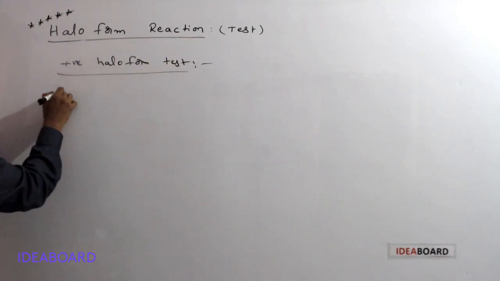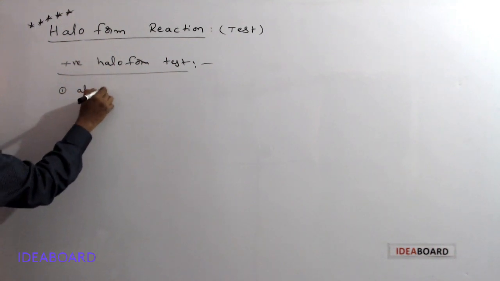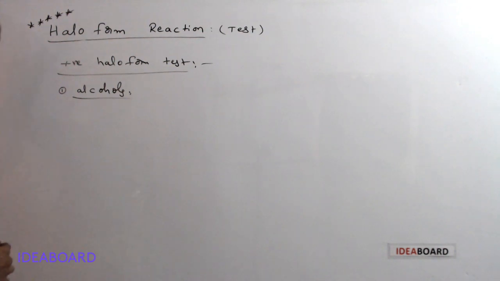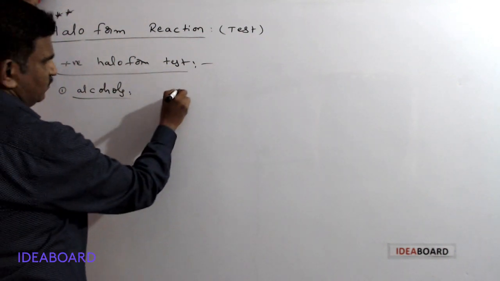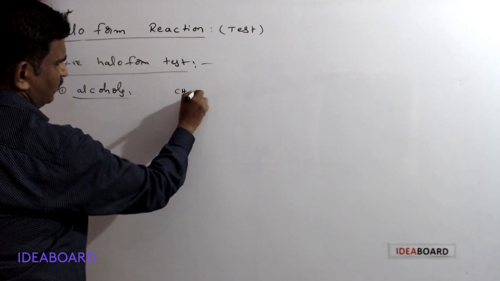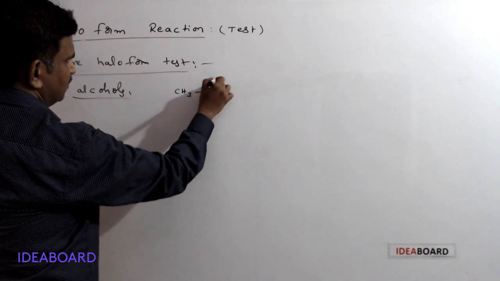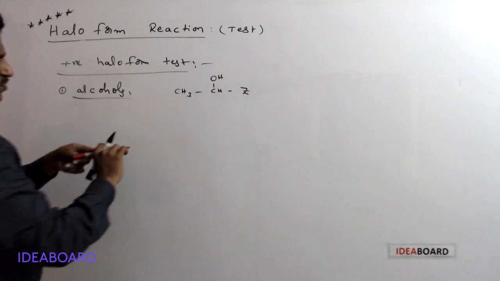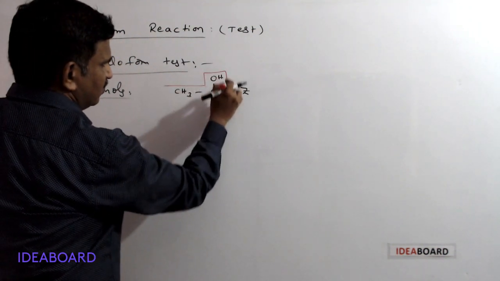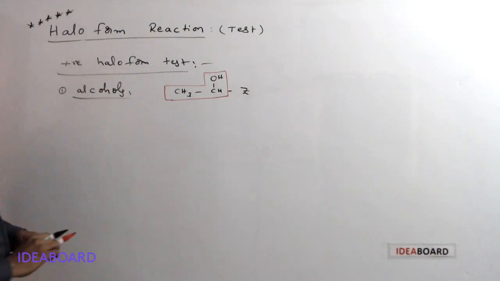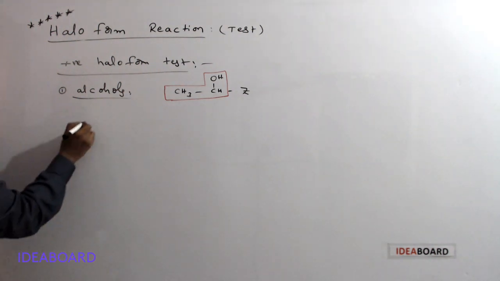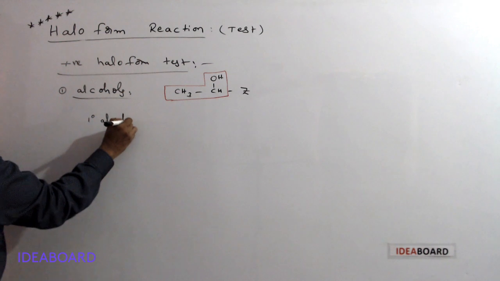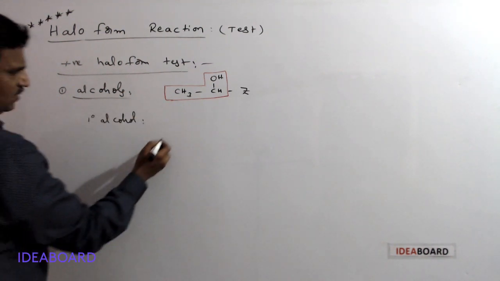In this, the first type we are taking is alcohols. In alcohols, if a compound has the CH3 CHOH Z type group present, then the compound gives the haloform test. Okay, we will see the alcohols. First, primary alcohols: which type of primary alcohol gives it?